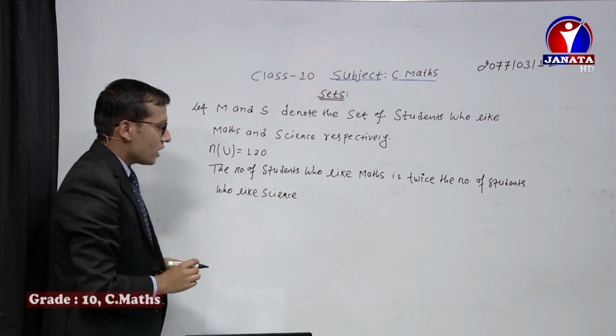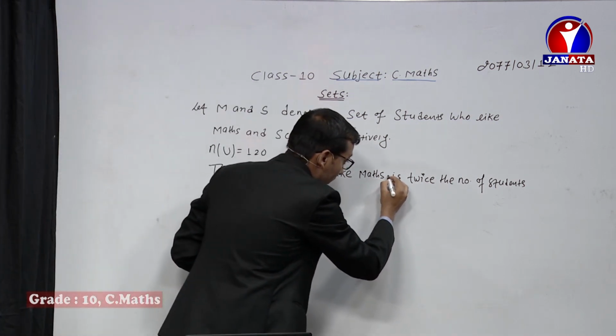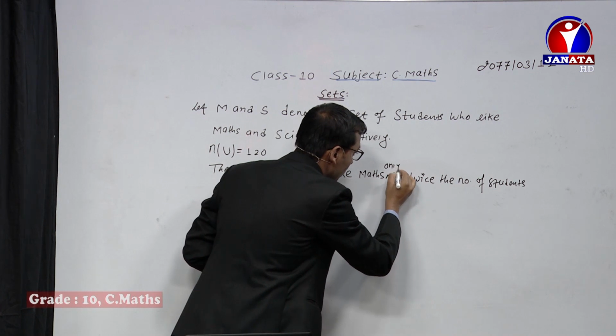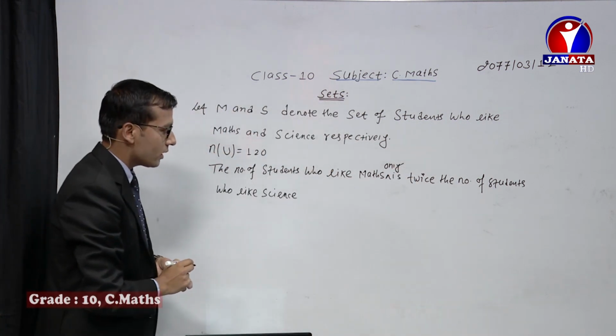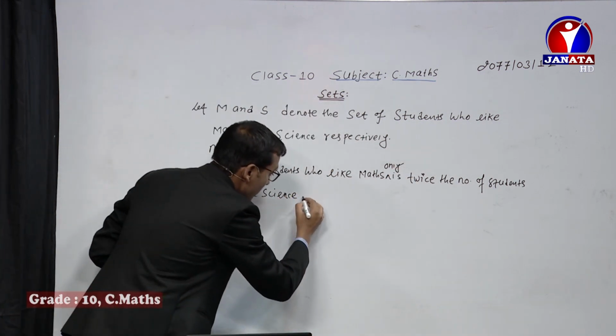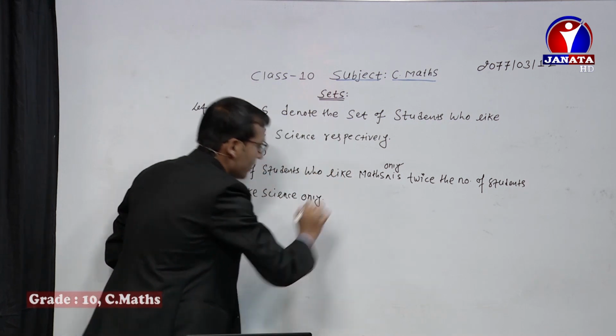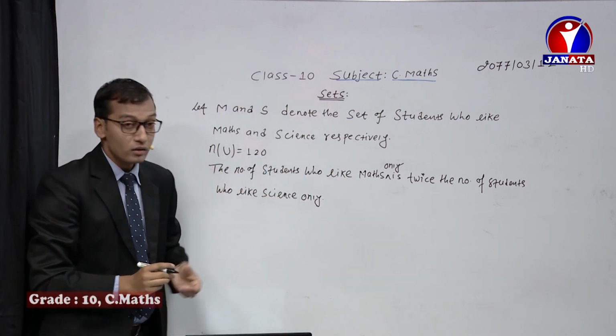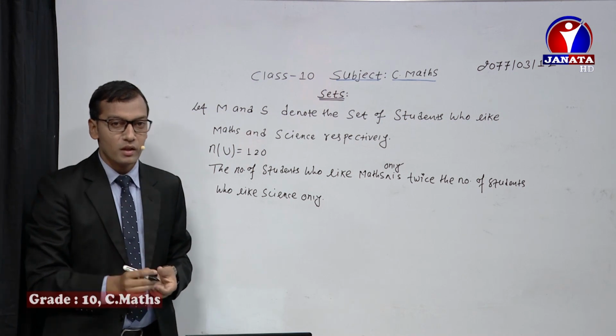The number of students who liked mathematics only is twice the number of students who like science only. So this is the condition mentioned in the question.